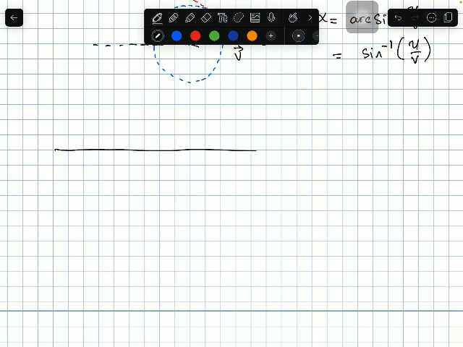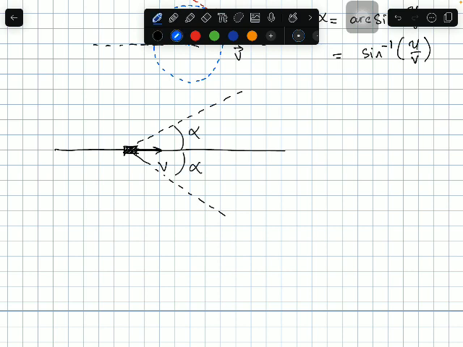And overall, the picture looks like this. There is this highway, there is a bus going at a speed of v, and then you have to draw this kind of line with an angle of alpha here.